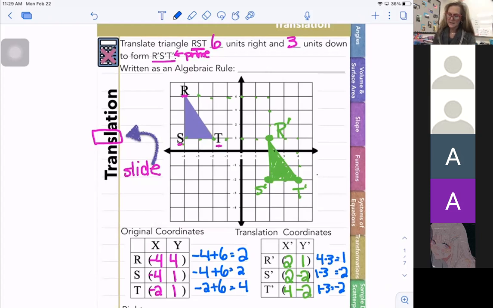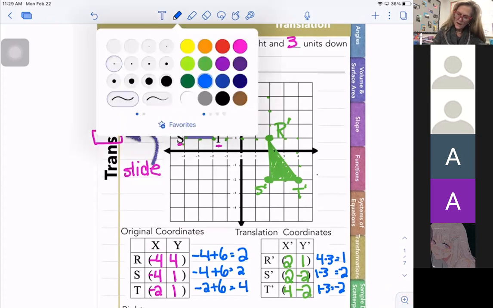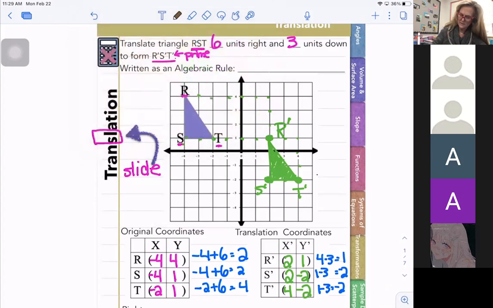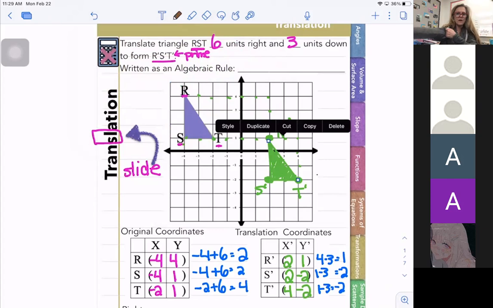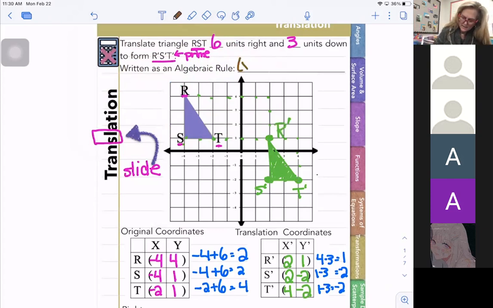For an algebraic rule, I'm starting at X, Y, an original X, Y, and then the rule that I am applying, so I'm going to draw an arrow, because that's what you do when you're writing an algebraic rule.